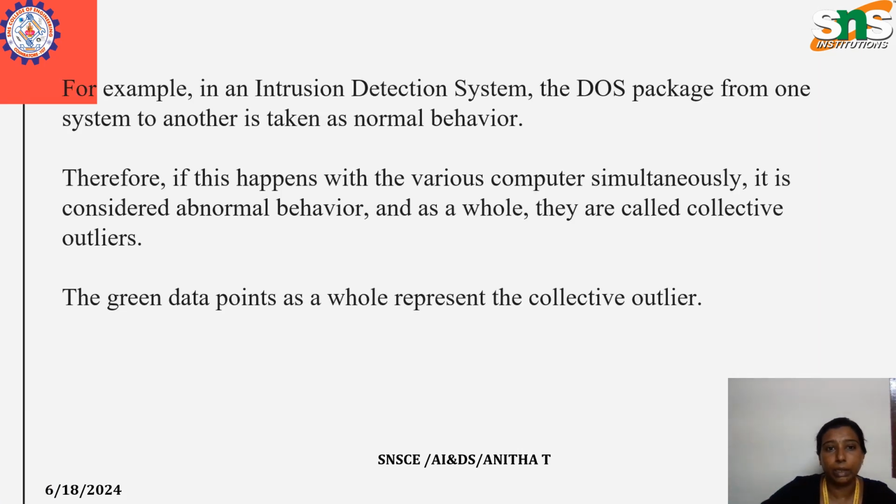For example, in an intrusion detection system, the DOS packet from one system to another is taken as normal behavior. Therefore, if this happens with various computers simultaneously, it is considered abnormal behavior, and as a whole, they are called collective outliers. The green data points as a whole represent the collective outliers.